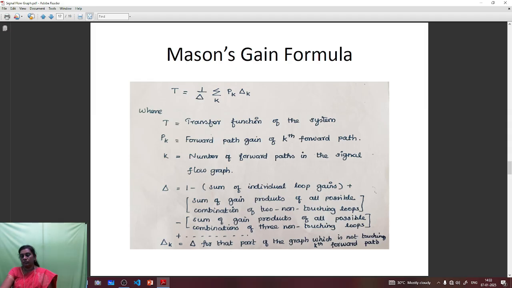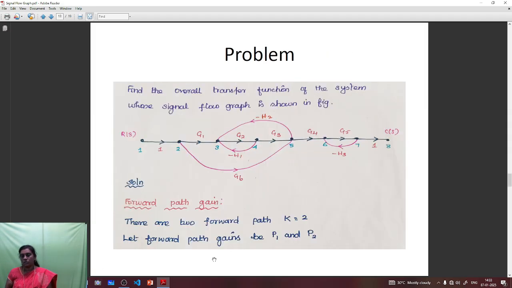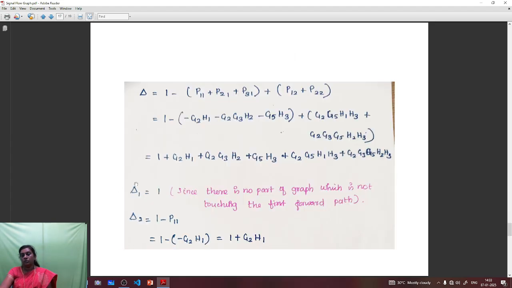That is, del 1 is for the part which is not touching the first forward path. So del 1 is equal to 1 because there is no part of the graph which is not touching the first forward path. All the graph is touching the first forward path. So we can take del 1 is equal to 1 and del 2 is equal to 1 minus P11, since it should not touch the second forward path.